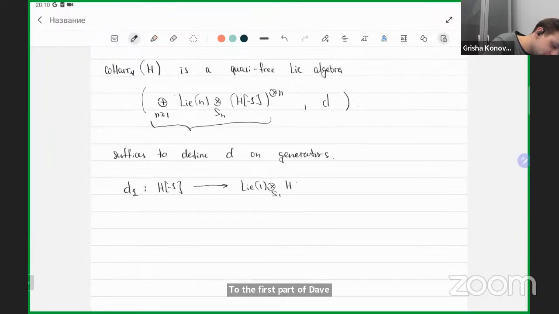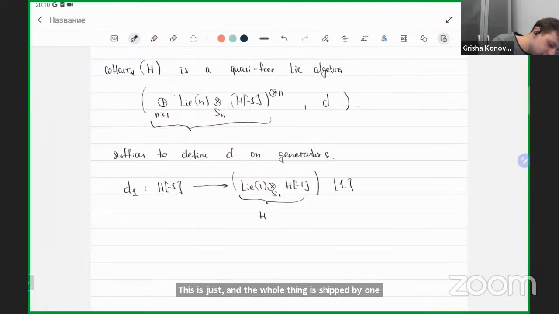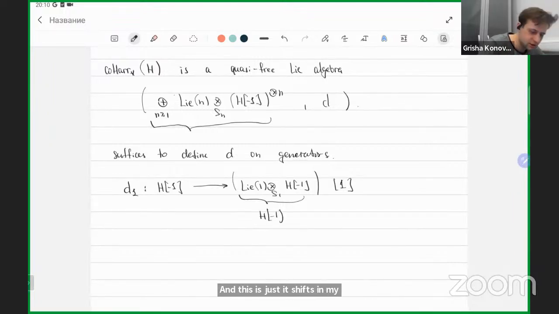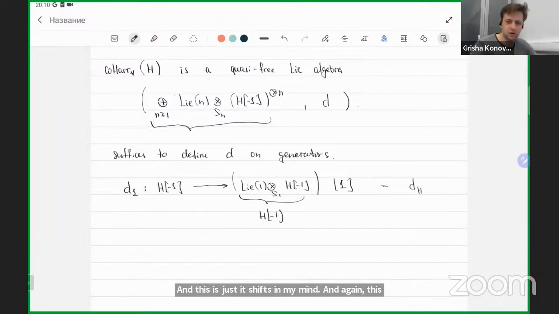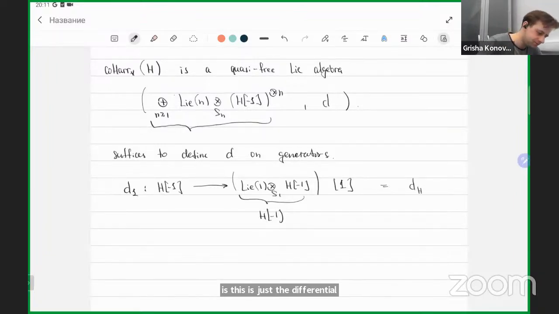The whole thing is shifted by one. And this is just h shifted by -1. And again, this is just the differential of the algebra h.